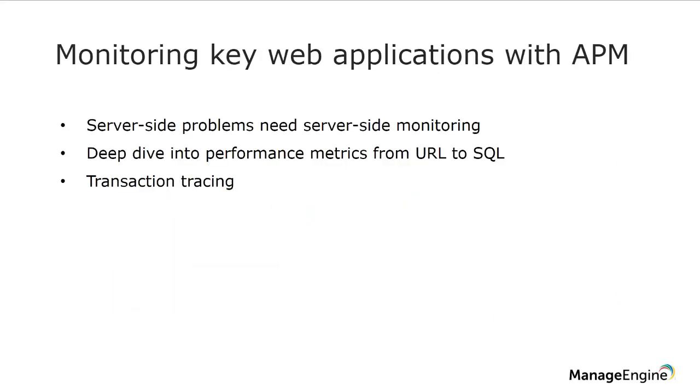A brief overview of APM Insight: when we talk about servers and problems that occur on the server side, it is only fitting that we identify and monitor those problems on the server side itself. So it is always beneficial to address problems before your end users even identify or experience them.